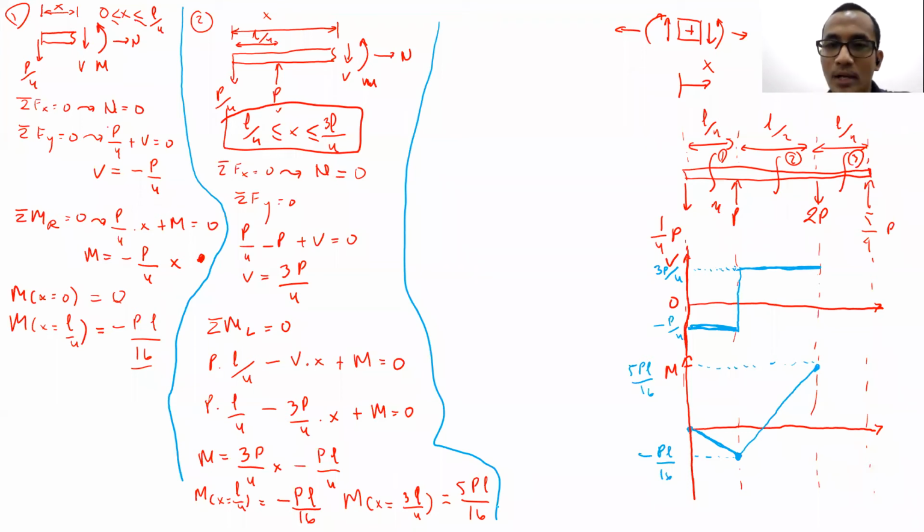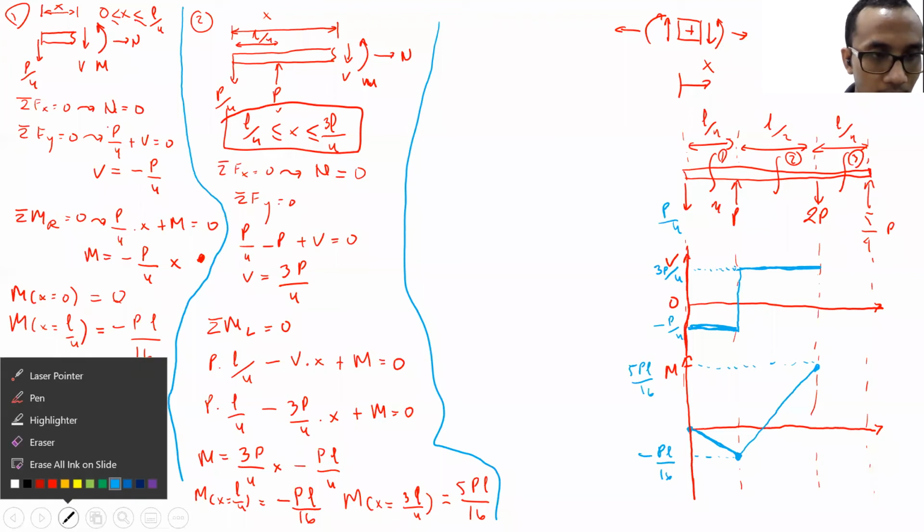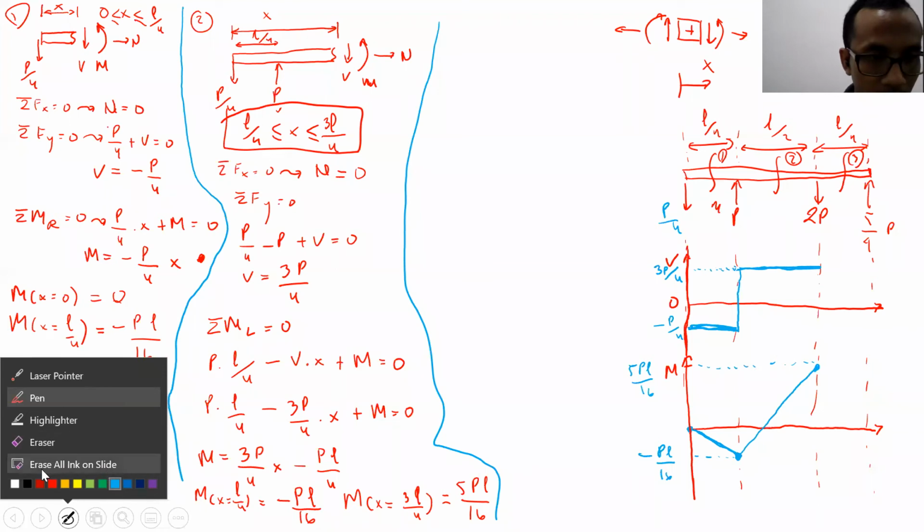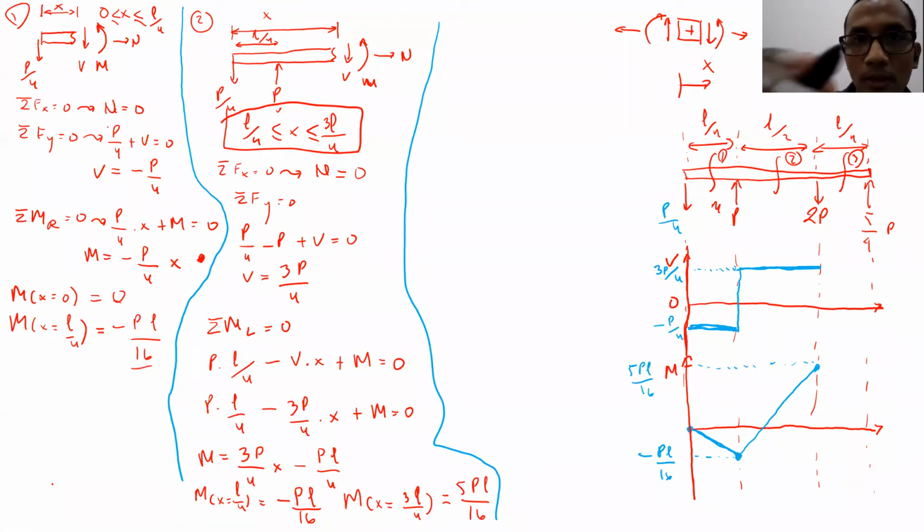We have 1P over 4 on the left edge, then P at L per 4, and then 2P at 3L per 4. Instead of doing so, I will do the cut from the right.